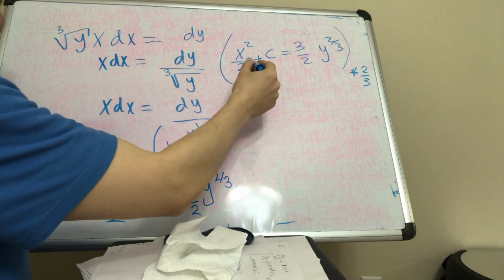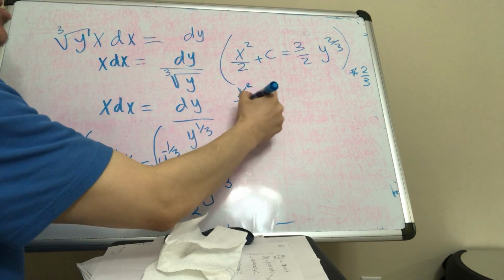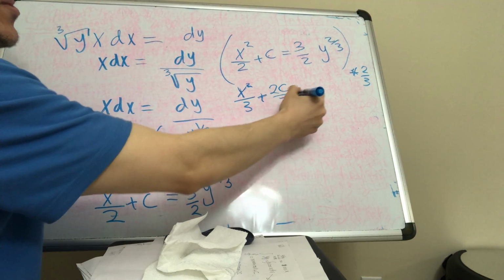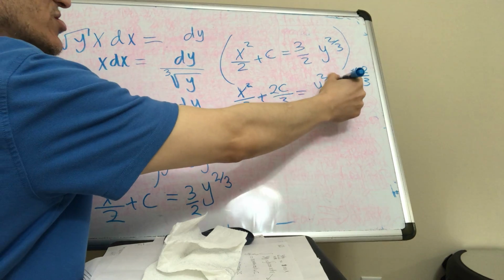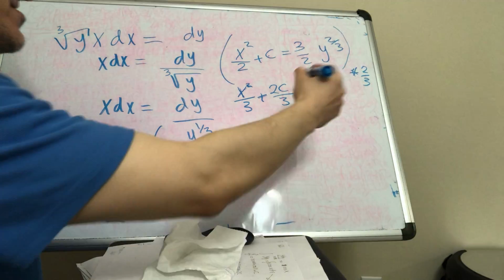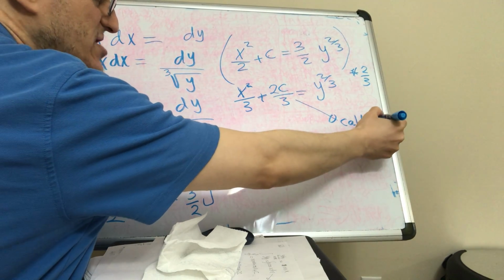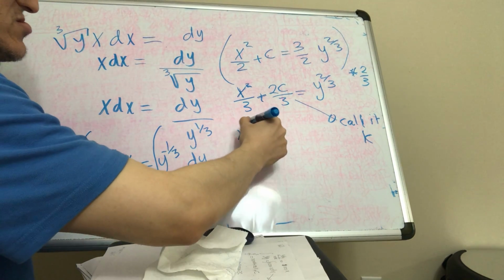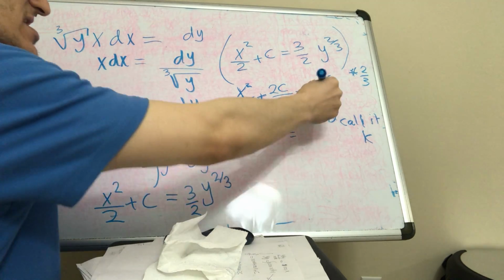You multiply this by 2/3, the 2 cancels with the 2, you have x squared over 3. This becomes 2c over 3. Here the number is gone, and you have y to the 2/3. Now again, this you can call k. You have x squared over 3 plus k, and this.